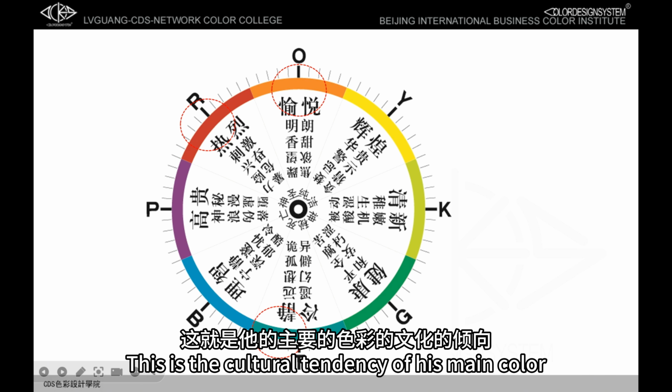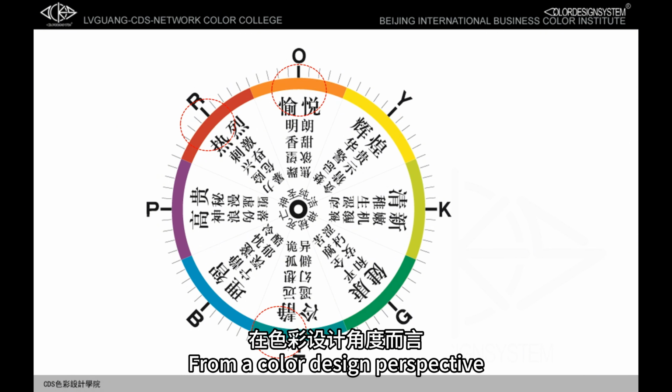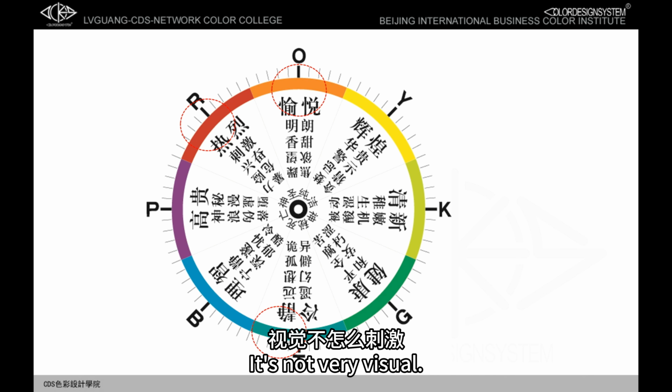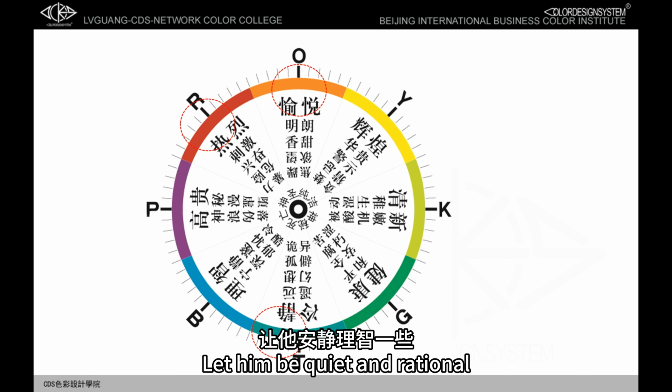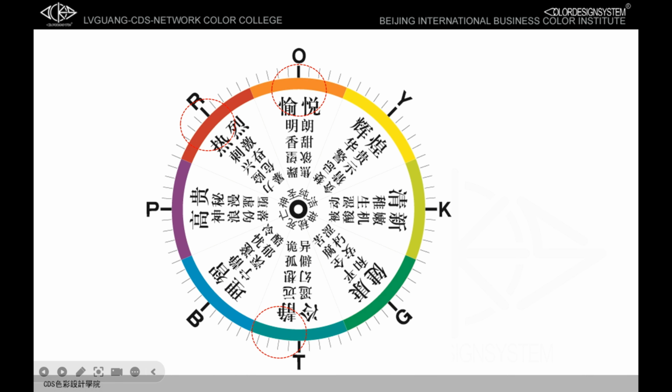This is the cultural tendency of his main color. But for this picture, from a color design perspective, he checks and balances each other. It's not very visual, not very artificial. Let him be quiet and rational. He adds calmness and distance.